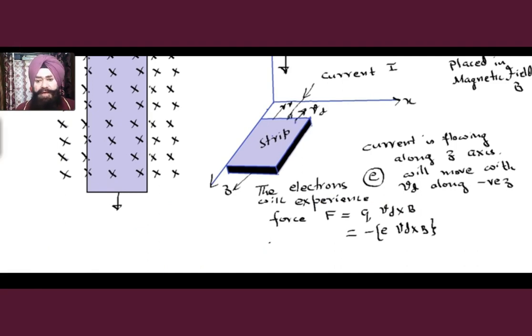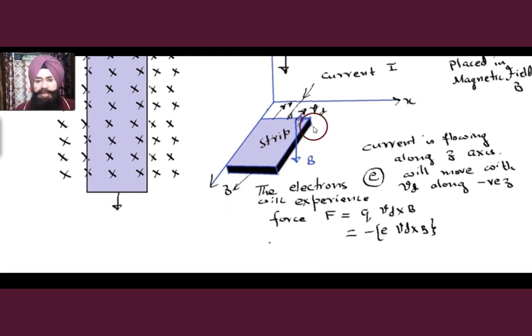So this is the expression of the force on the electron in magnitude. Now this is not the cross product, but simply the multiplication.